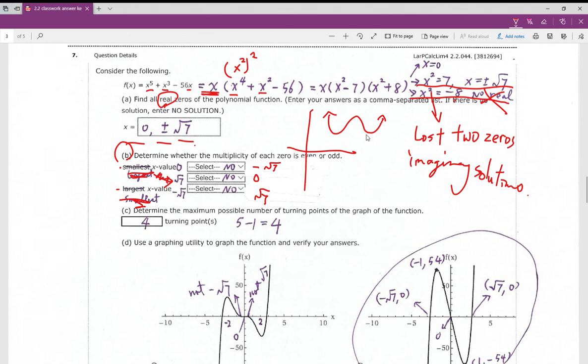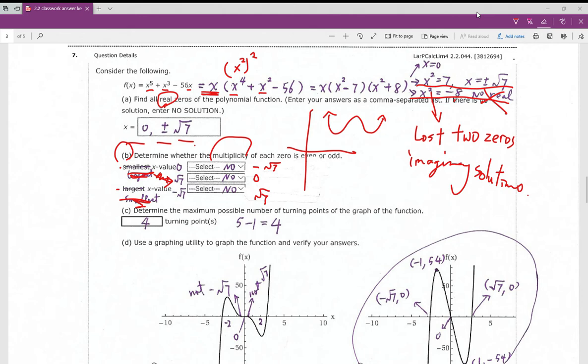And is there any multiplicity of the 0? No, you don't see any multiplicity. When you see the whole thing squared or the whole thing cubed, not the inside, if the outside has a square or cube, then we say that's a multiplicity, but not in this case.